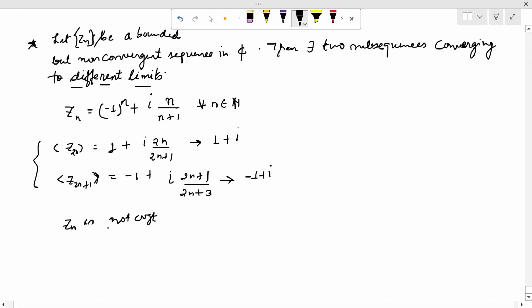However, it is bounded. So if it is not convergent and bounded, then there exist two convergent subsequences with different limits. This is one example from which I have illustrated the same concept.